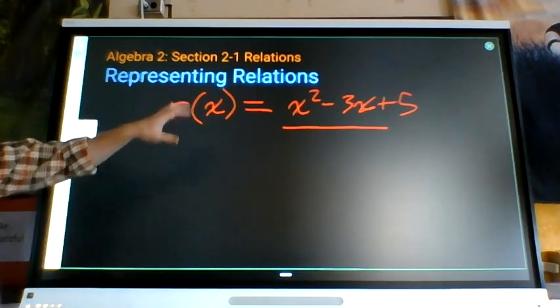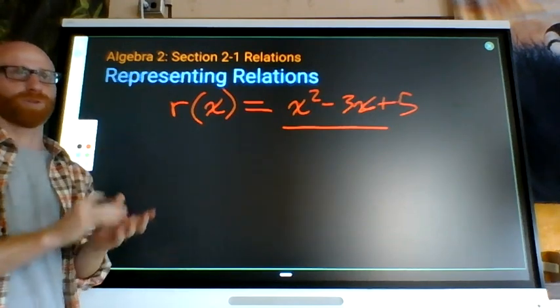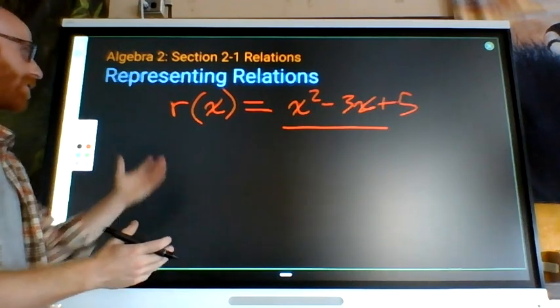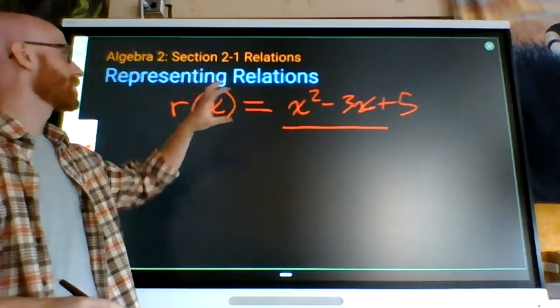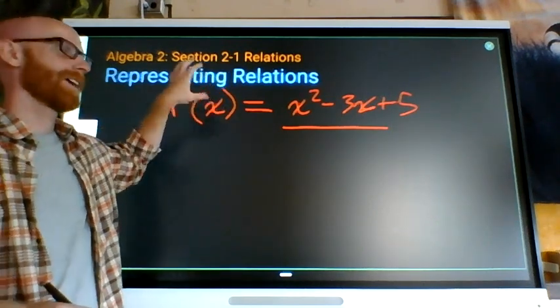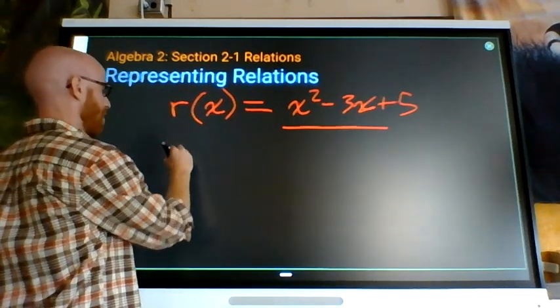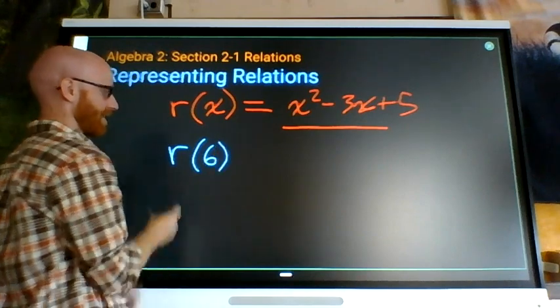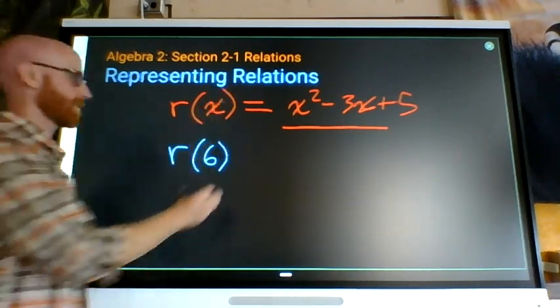If I have my rule written that way, then if I want to find what this rule does to individual inputs, we write them like this. If I want to know what is the value of R when I input 6, we would have R of 6. That's how you would write it. What does R equal when I input 6 for x?